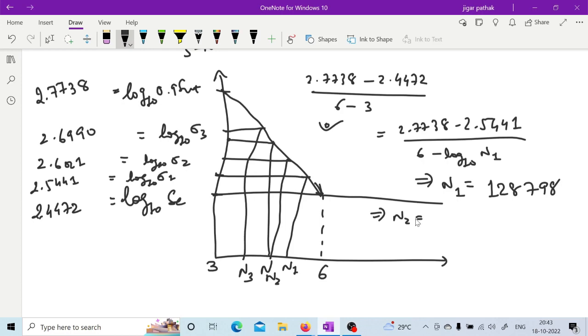So what is n2 and n3? Sir, n2 is coming 37,803. It is here 37,770. Okay, sir. And n3 is 4865.